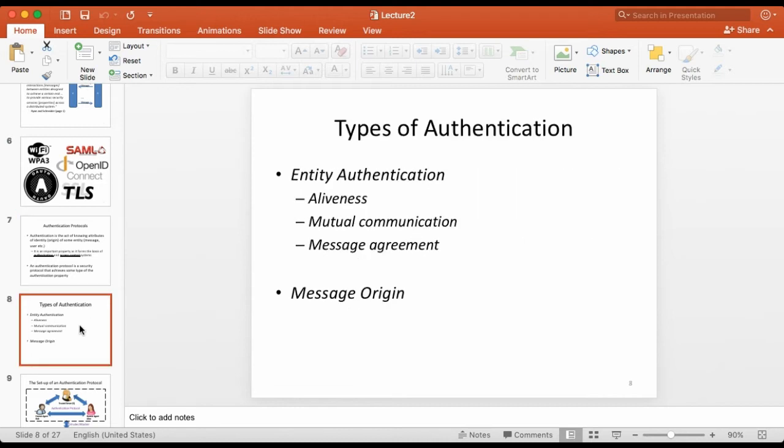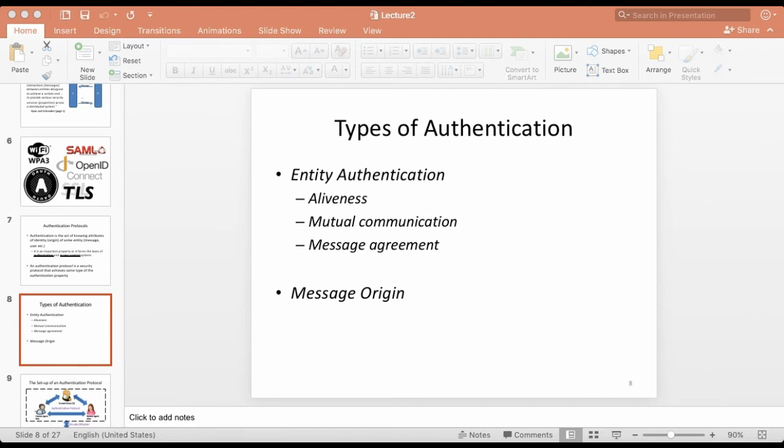That leads me to the next slide, which outlines three major types of authentication that we will be covering here. These are known as aliveness, mutual communication, and message agreement. These are essentially three flavors of what we call entity authentication.